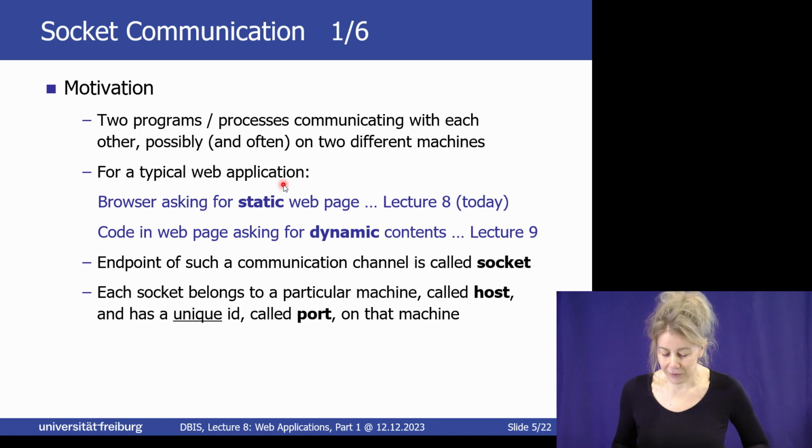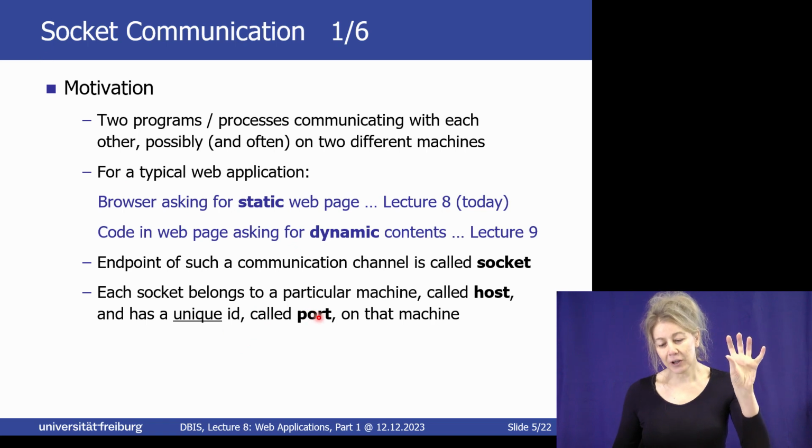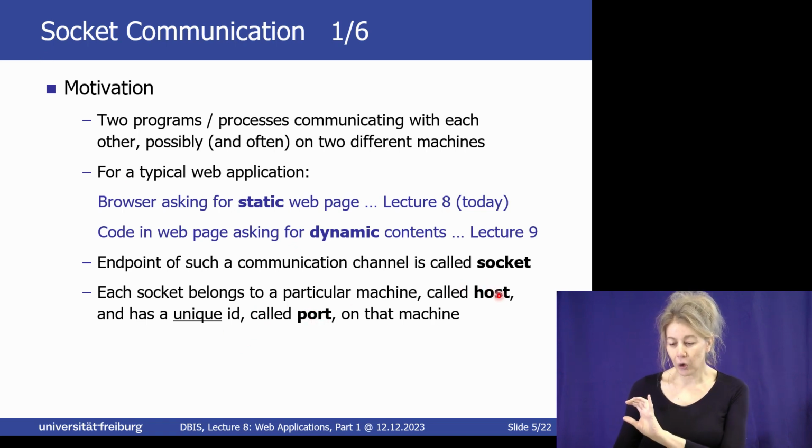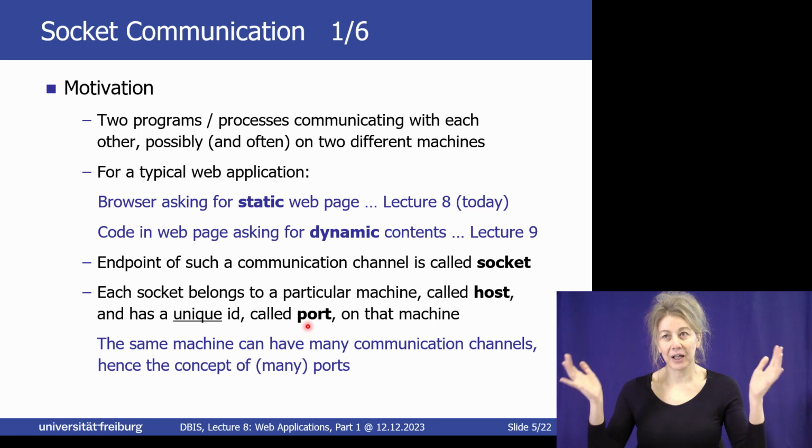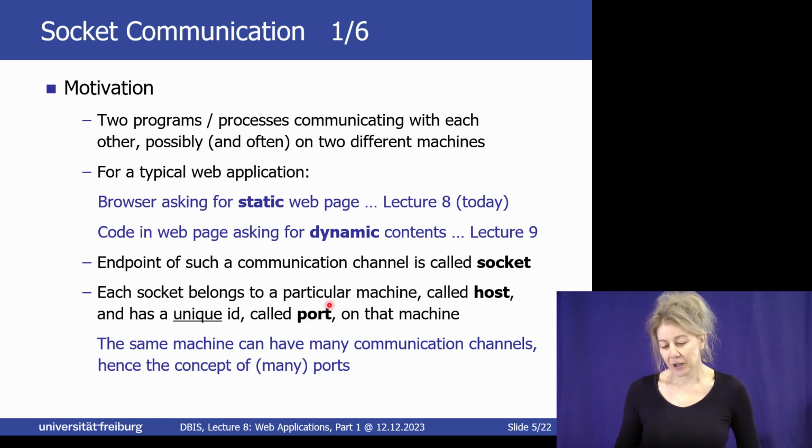Unlike humans, who are not really good at multitasking. And that unique ID for a particular channel is called a port. So you have a machine called a host in this context and a port. And there can be many different channels open at the same time. So you have many different ports. And as we will see, a port just has an integer ID, like 8512.